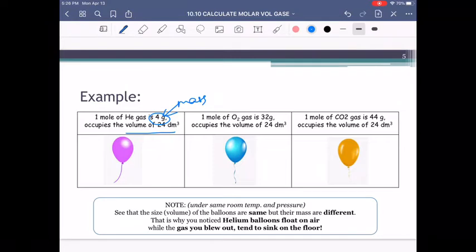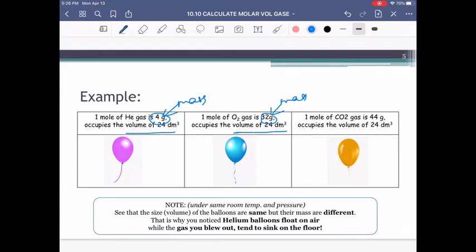Next, 1 mole of O2 gas, this is oxygen. Oxygen has to be diatomic. The mass is 32. So 1 mole of any gas always occupies the volume of 24 dm cube.